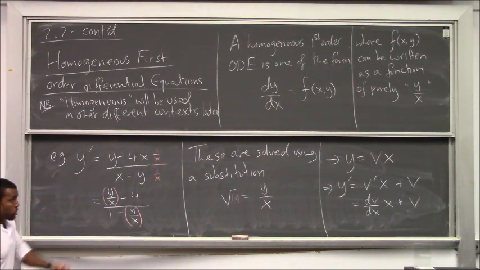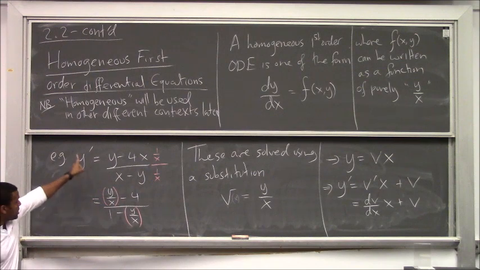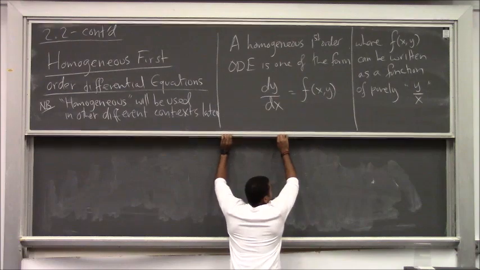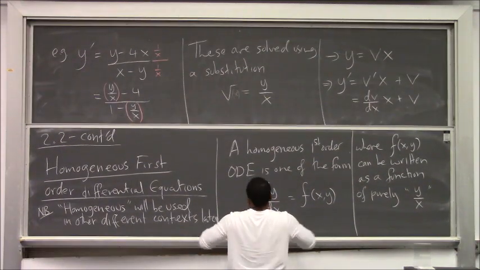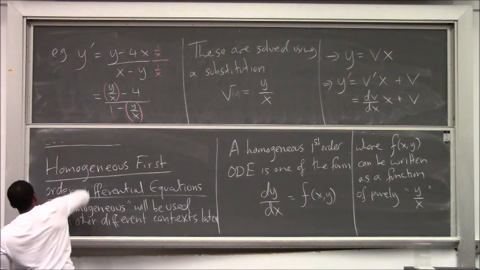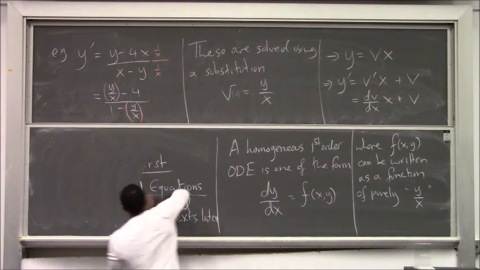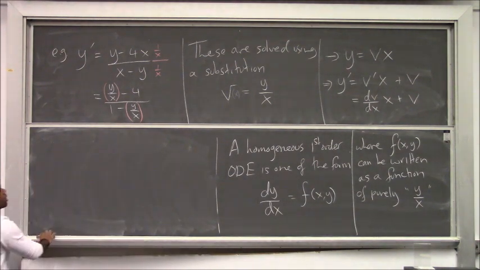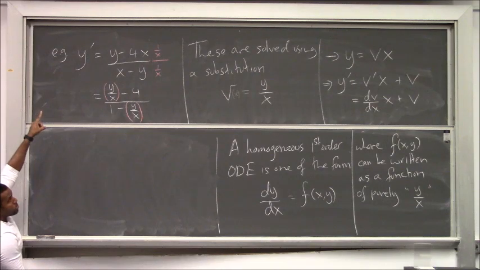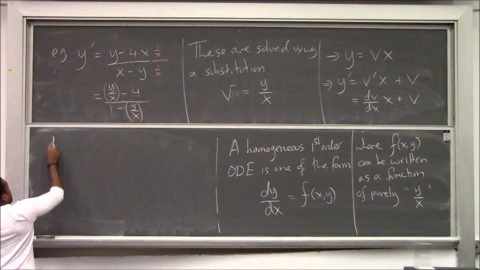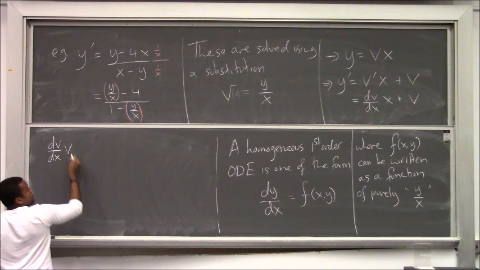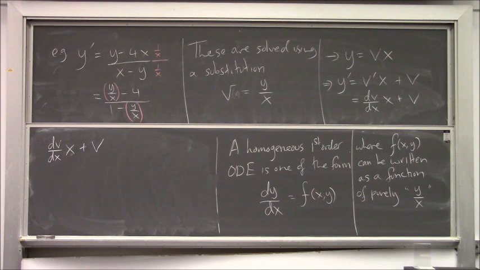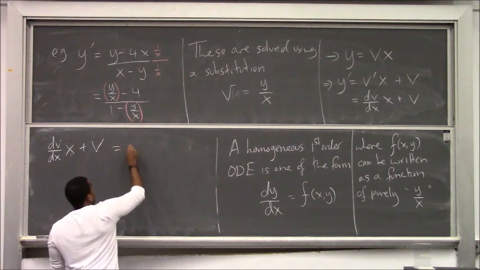So now we're going to go to this equation and plug in these guys, and let's see what happens. The y prime, I'm going to replace with that, and then the y over x's, I'm going to replace with v.